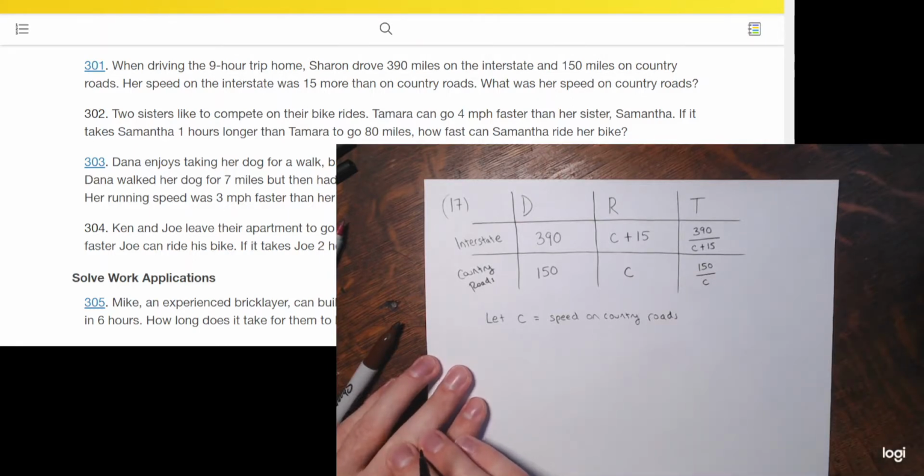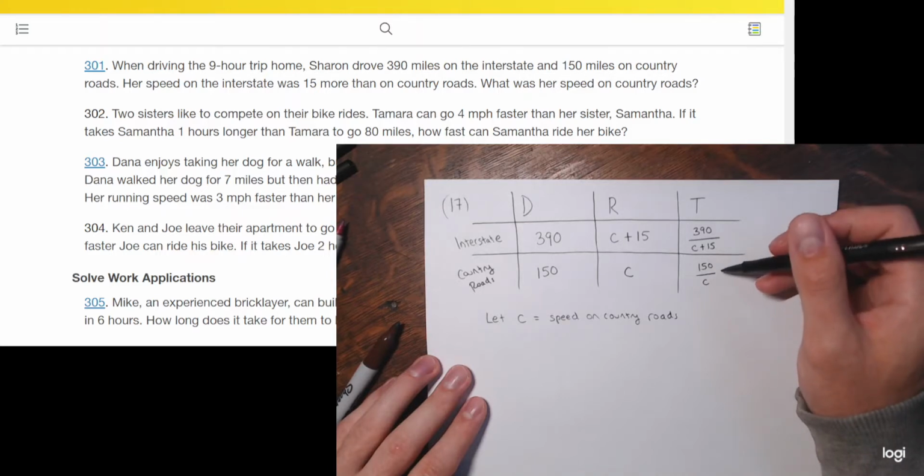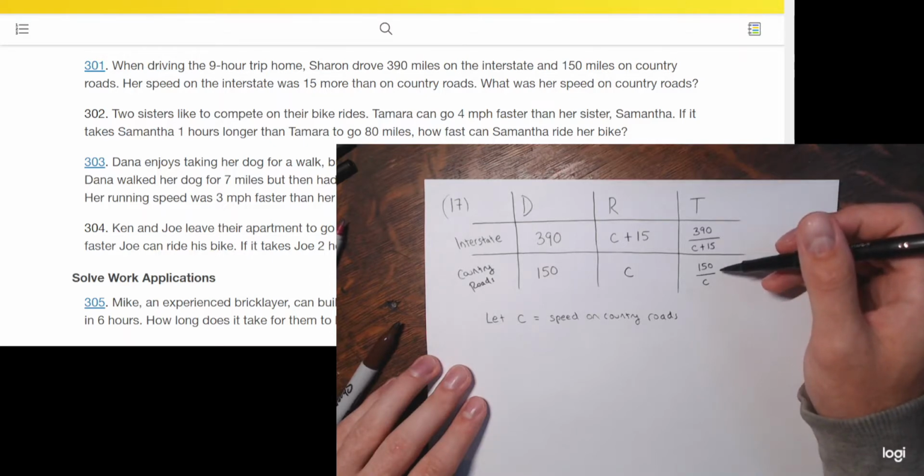And at the very beginning of the question, it said the trip home was 9 hours long, right? When driving the 9-hour trip home. So the entire trip, right, the time on the interstate, along with the time on the country roads, makes a total of 9 hours. So adding these together should be equal to 9.